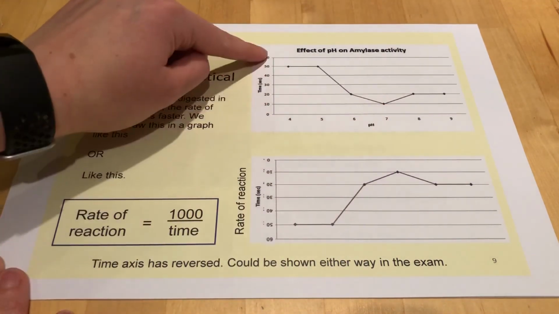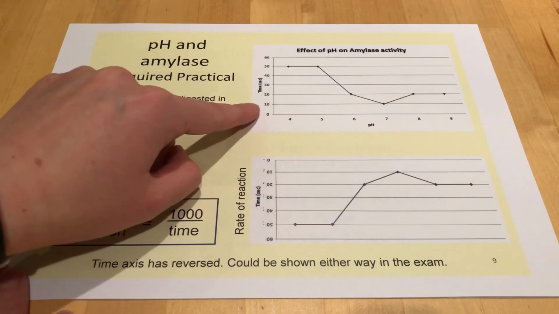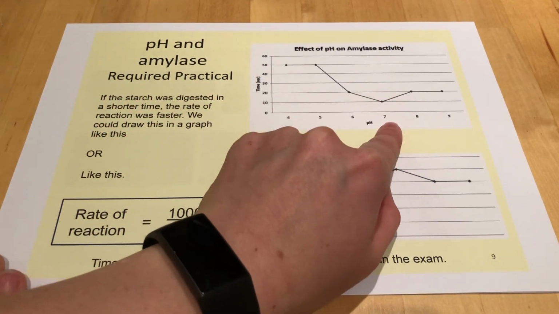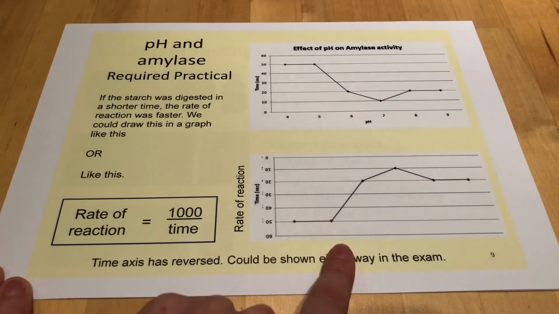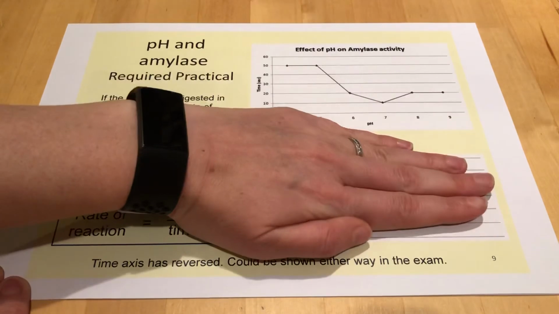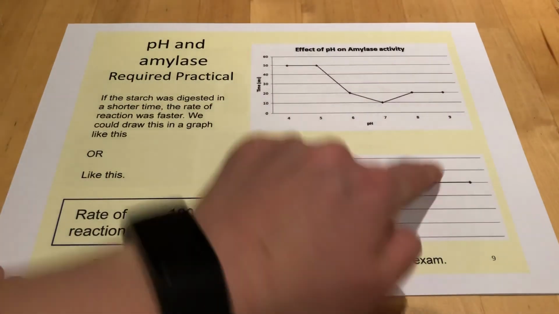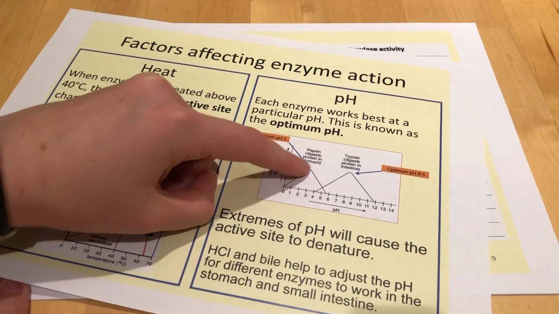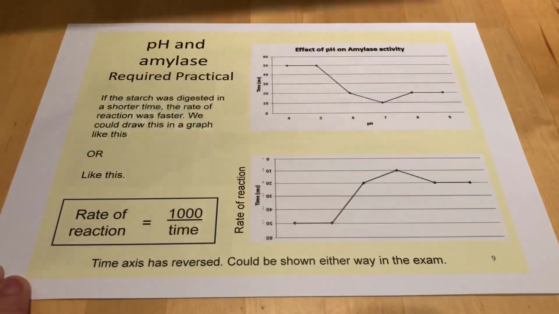Now we may get a graph like this where we've got time here and we say, okay, quick time means fast rate of reaction, pH 7, or we may have to convert it into a rate of reaction graph, which I've actually just taken this graph and flipped it like this, and it gives me more of that pattern that we saw back here where we've got the peak at the top of the highest rate of reaction.